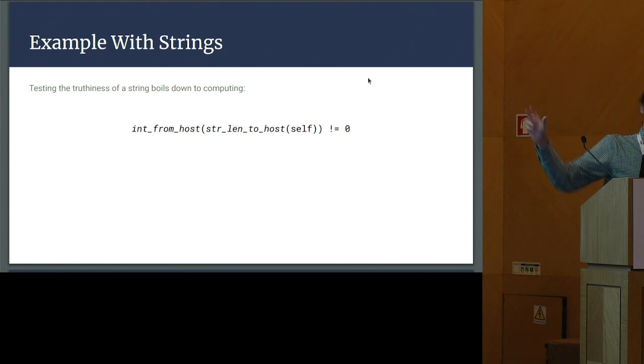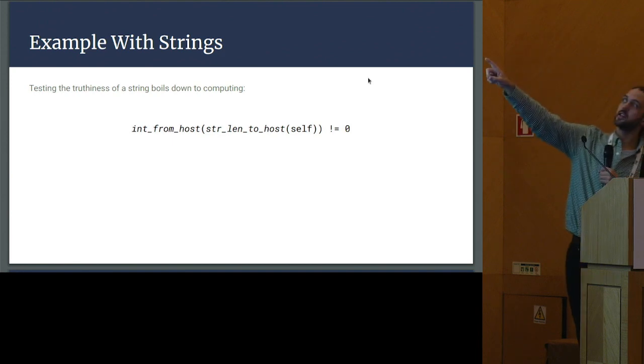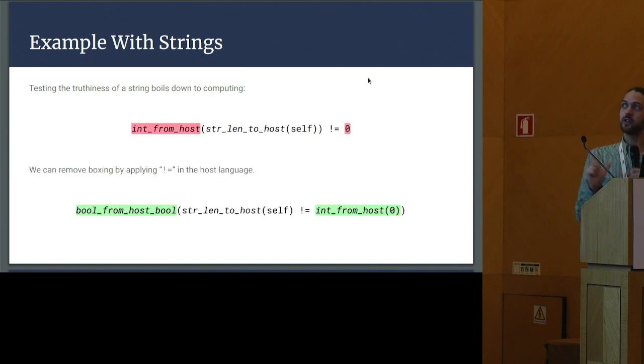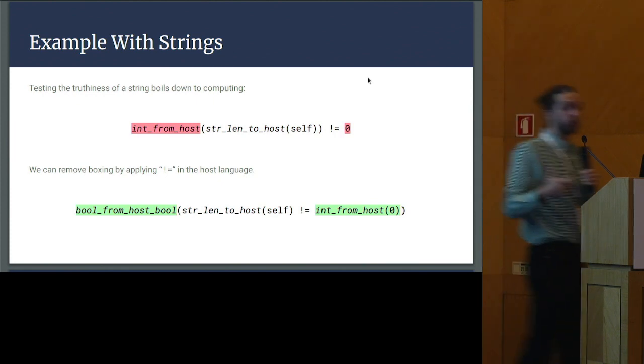And actually, we can do slightly better. Notice here, the comparison, the not equal to 0, is comparing Python integers. You can go a bit deeper, and there is a boxing which is not necessary here. You can do the comparison between a host integer and the host length, and then box that as a Python Boolean.